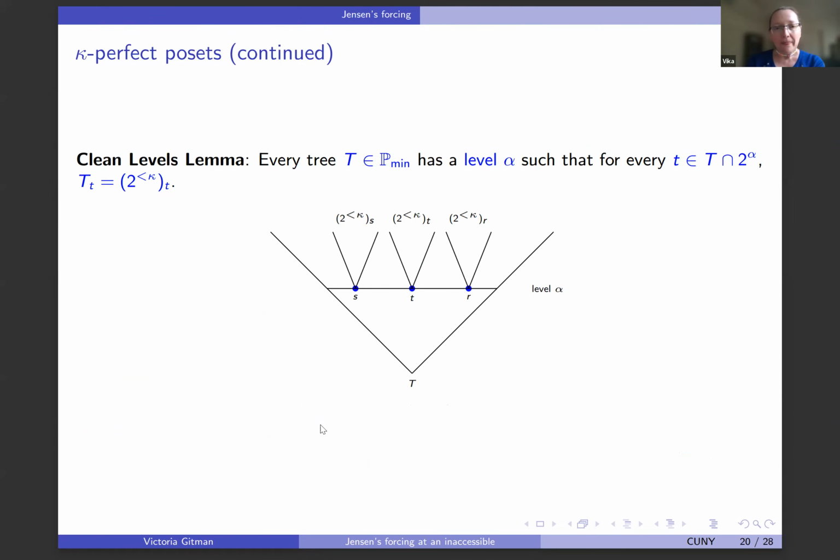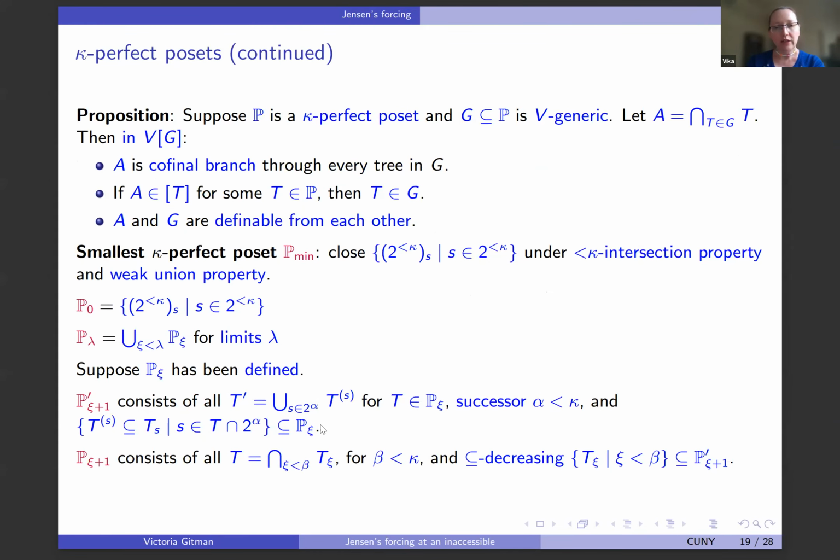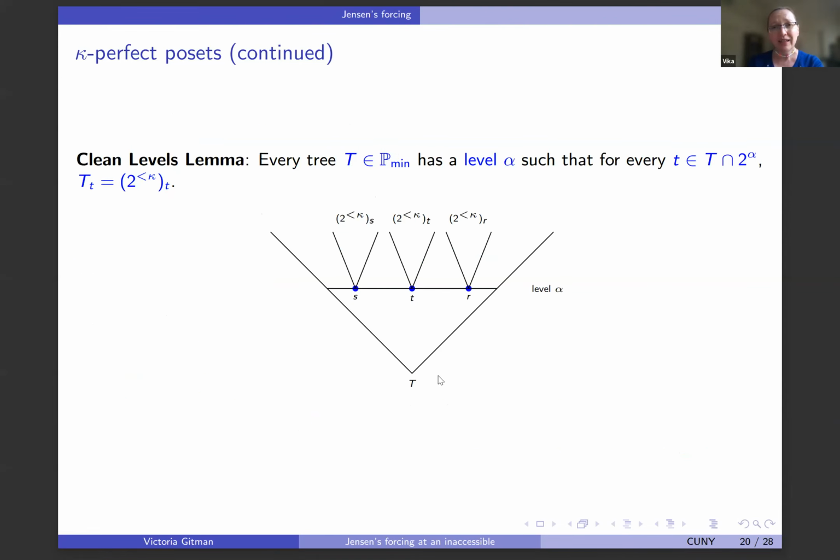So if you start playing around with this, you're like, what do elements in this poset actually look like? And you can spend some time trying to figure out what these things look like because of these two closure properties. But the nice thing is, it really doesn't matter. So I call this the clean levels lemma.